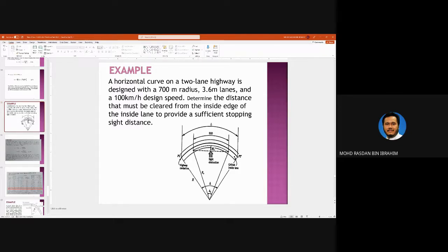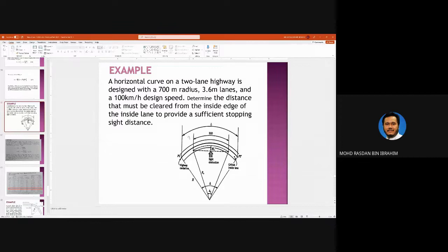That means R is longer than RV. This is RV. RV is the distance from the center point here to the middle of the inside lane. So this is the value of RV. Now the width of the lane is 3.6 meters.